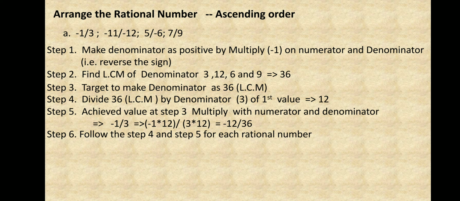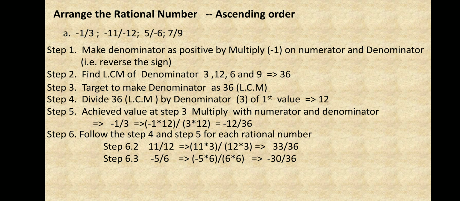And at step 6, follow steps 4 and 5 for each of the other rational numbers. For the second number, you now have 11 by 12, right? So 11 will be multiplied by 3 and 12 will be multiplied by 3. What do you get? You get 33 by 36.